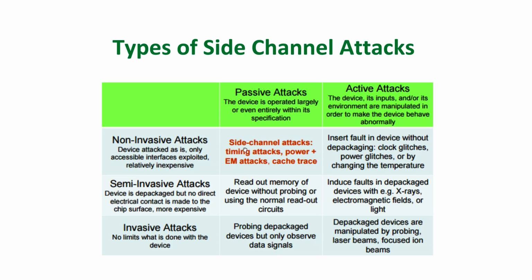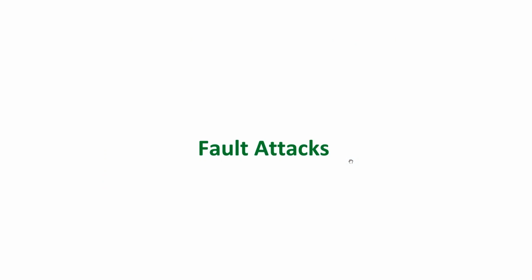On the other hand, the attacks that we would actually look at today are known as non-invasive active attacks. These attacks, popularly known as fault attacks, would modify the device functionality in order to glean secret information. These attacks are what we are going to look at in this video lecture.